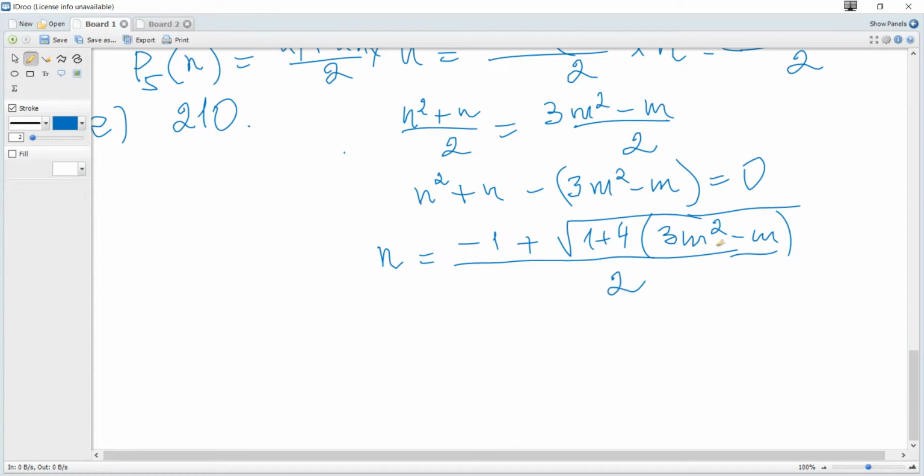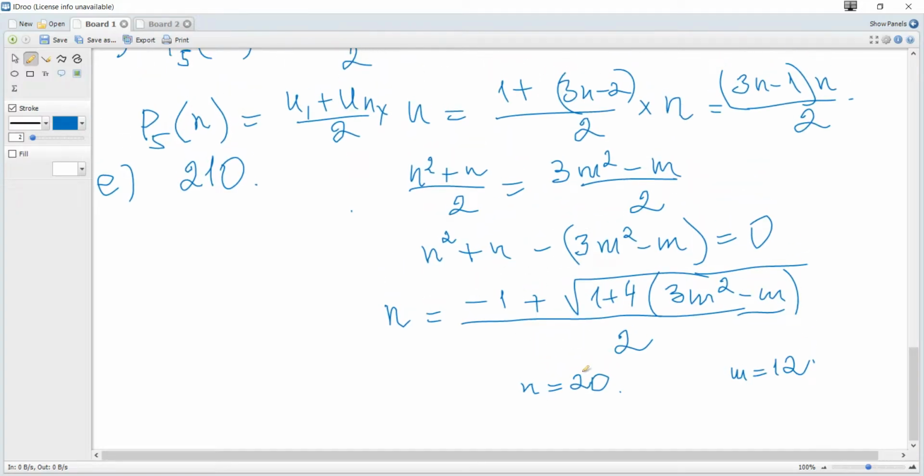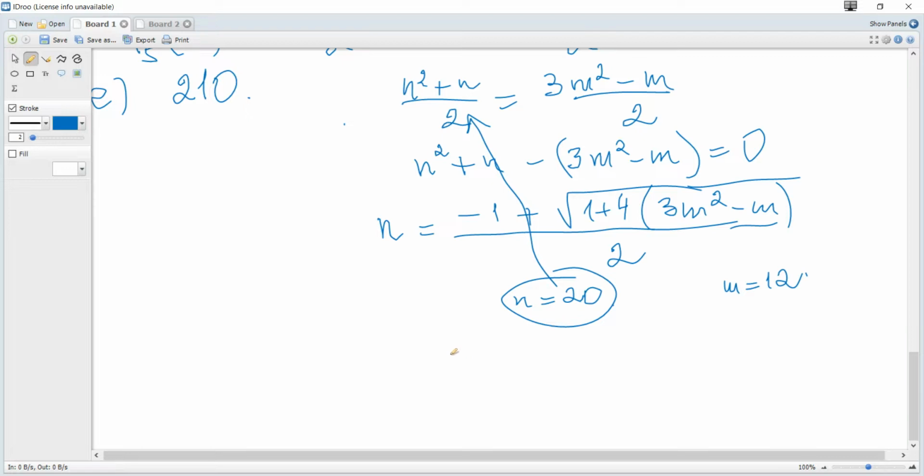You need to consider integers for m so that the square root is an integer, and you can guess that it's for m is 12, and you get then that n is 20, and then substitute, for example, n or m, it doesn't matter, and calculate that the value is 210.